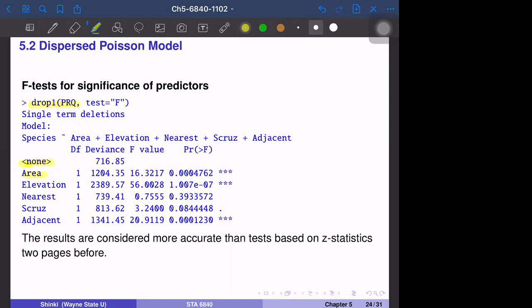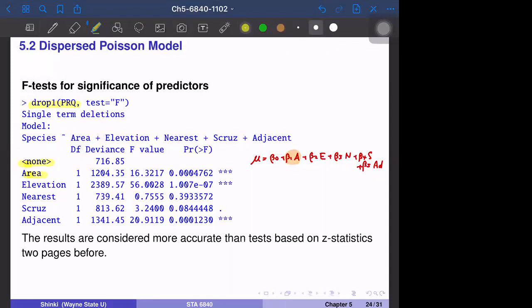So the full model is mu equal to beta naught plus beta 1 times area, beta 2 times elevation, beta 3 times nearest, beta 4 times SCRUZ, and beta 5 times adjacent. But the second model drops area, so we don't have this term. If we drop this, is it significantly worse or not?